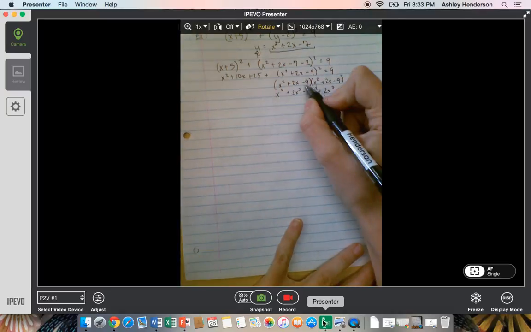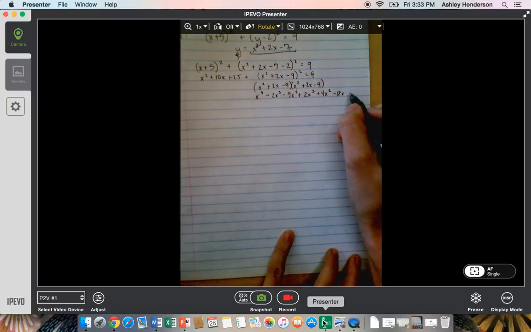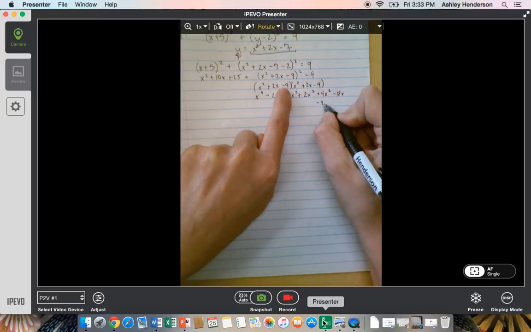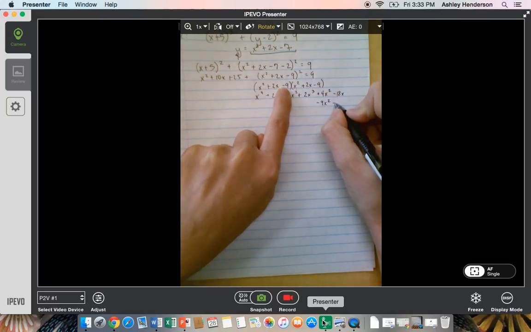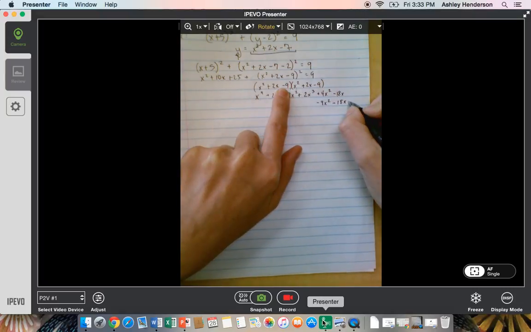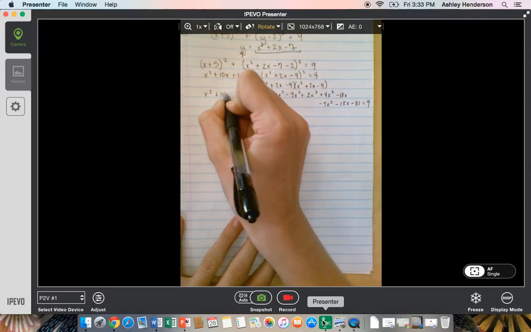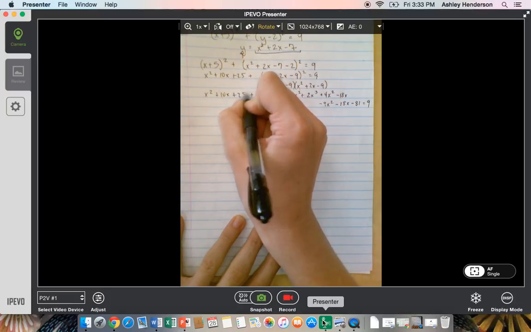Oh, I'm going to run out of space here on my paper. That's okay, I'll just squish it down here. Minus 9x squared minus 18x minus 81, and this all equals 9, and it's all being added to x squared plus 10x plus 25.